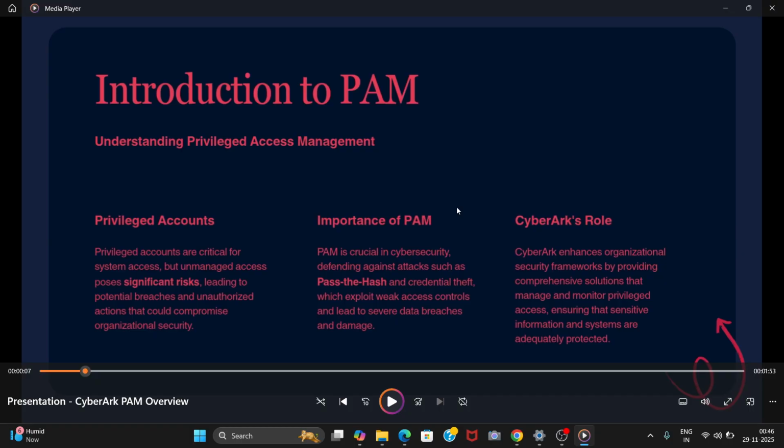The data breach example you have already seen. Pass the hash and credential theft can happen. Once credentials are stolen, a hacker can access that user's ID, take access of the system and do anything. So these are the challenges we used to face before PAM came into the picture.